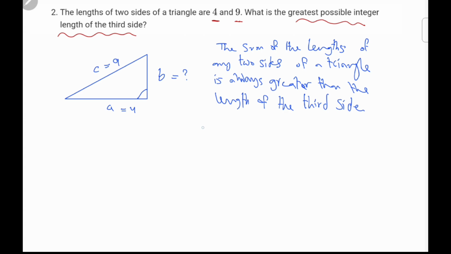So here this means that A plus C must be greater than the side B. So A is 9, A is 4, so that will be 9 plus 4 is greater than B, which means that 13 is greater than or equal to B. So the greatest possible integer length of the third side is that B equal to 13.